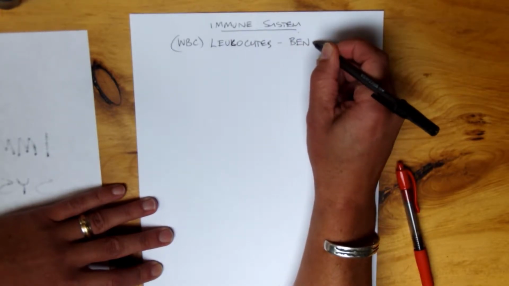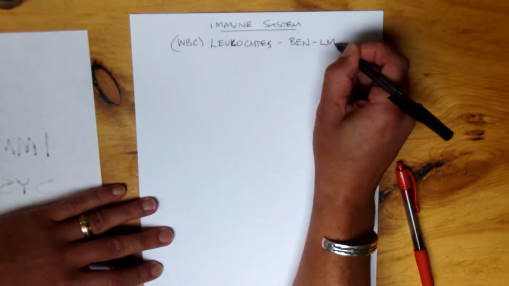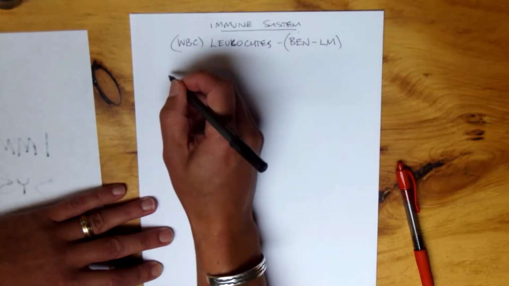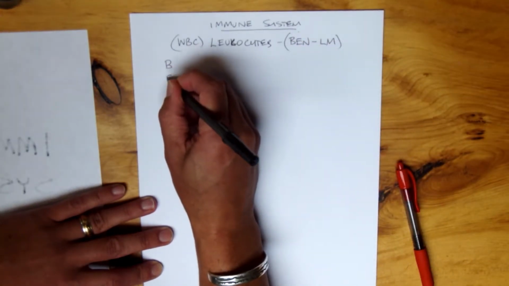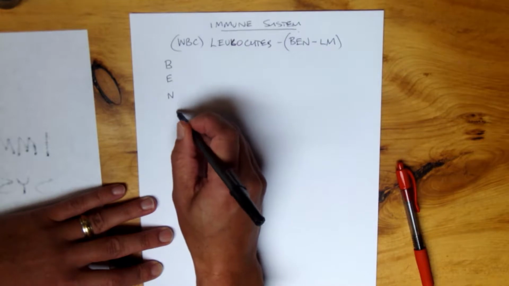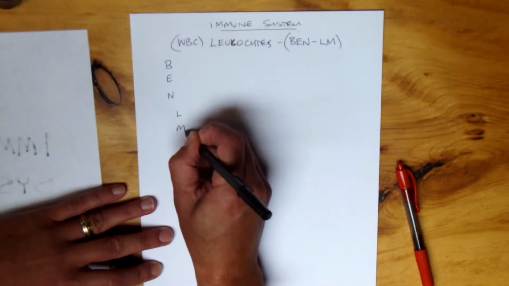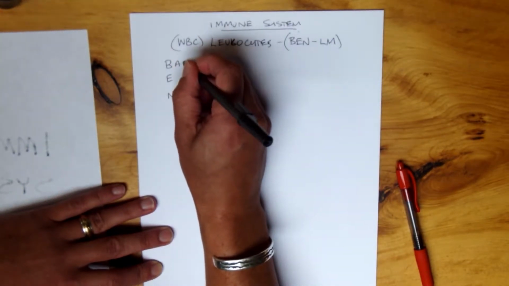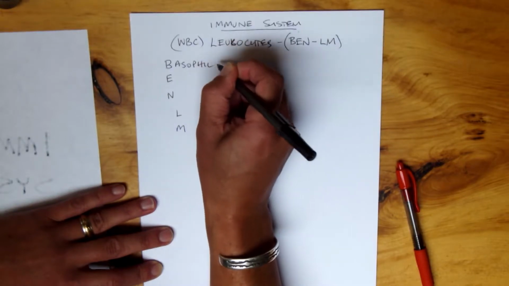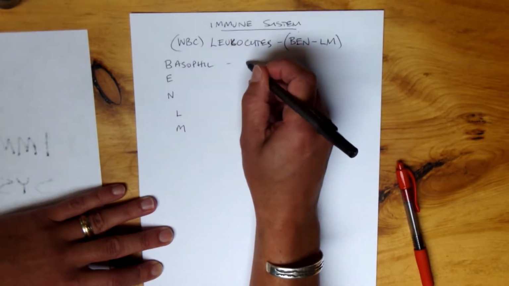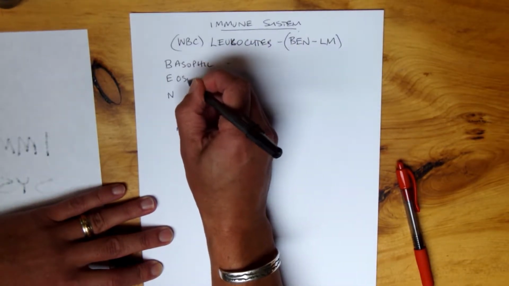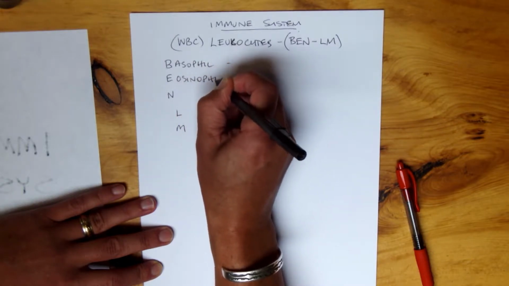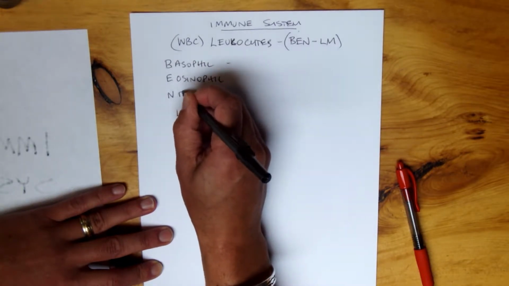The mnemonic here to remember is Ben-L-M. I try to remember that because it is Ben, B-E-N, and then L-M. B is for basophil, right? Eosinophil, right?